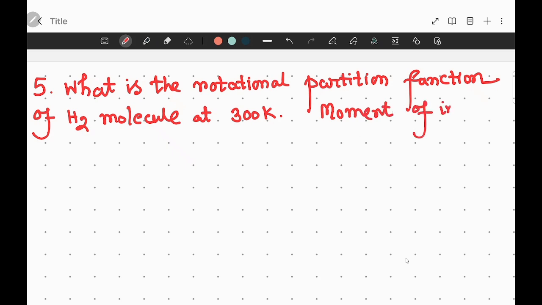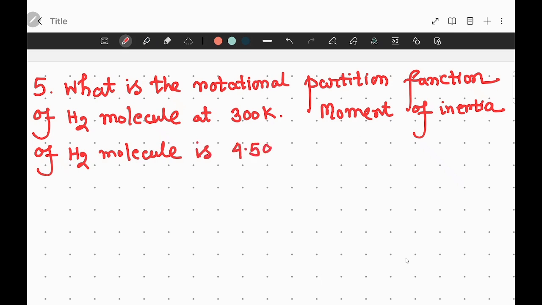Moment of inertia of H2 molecule is 4.59 into 10 to the power minus 47 kg meter square. So you want to try it? Yes, try it, then I will. It's a straightforward formula based question.